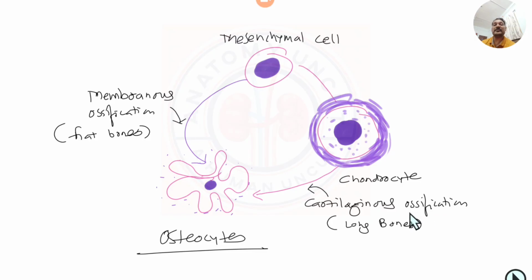So there are two ways a bone is formed, either directly through the mesenchymal cells in the membrane, called membranous ossification, or via the cartilaginous model, known as cartilaginous ossification. Generally the long bones ossify from the cartilaginous model, and the flat bones ossify from the membranous mode of ossification. It's very important.